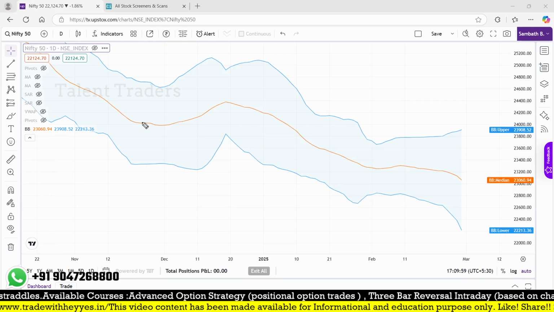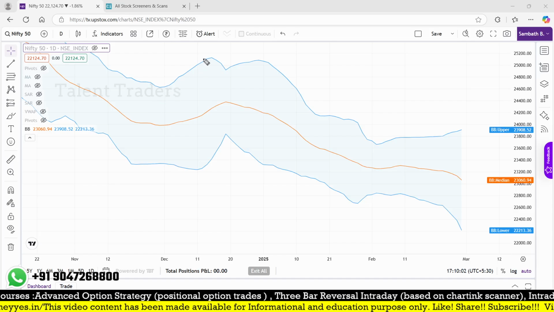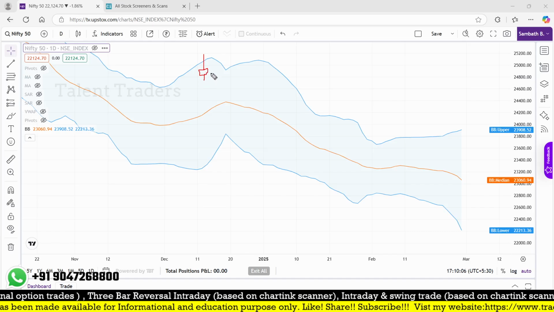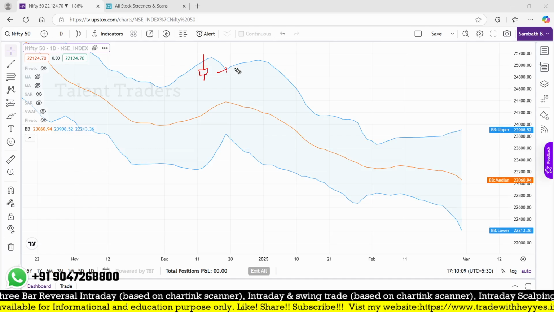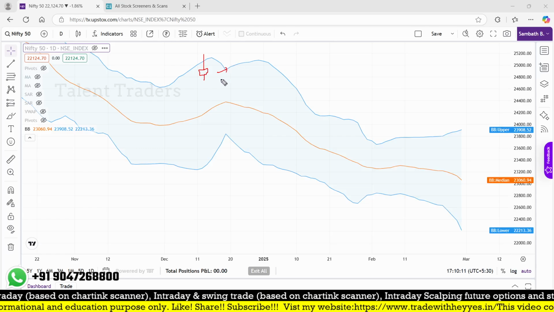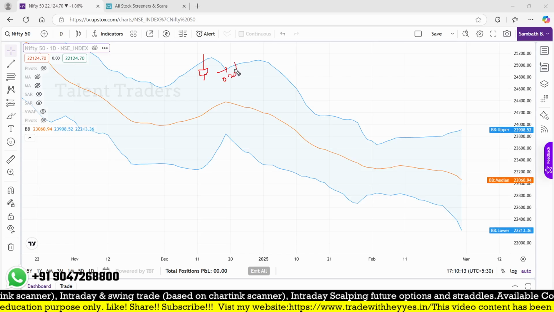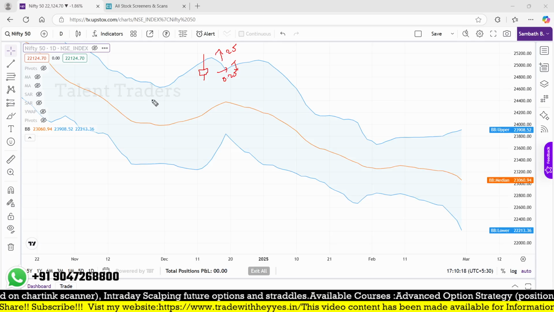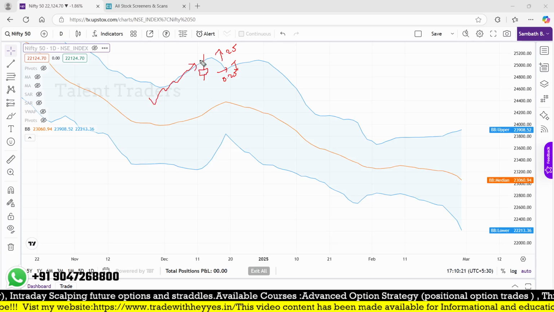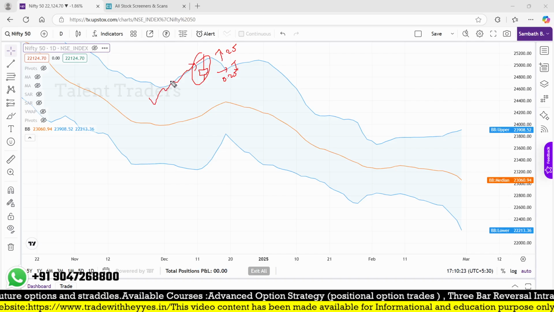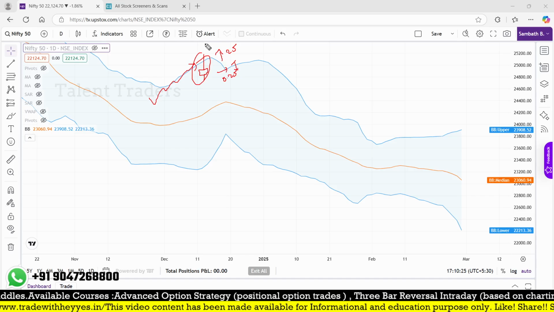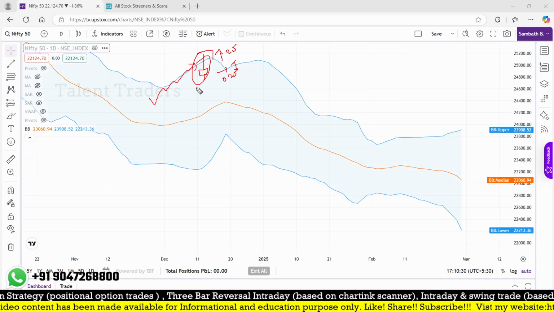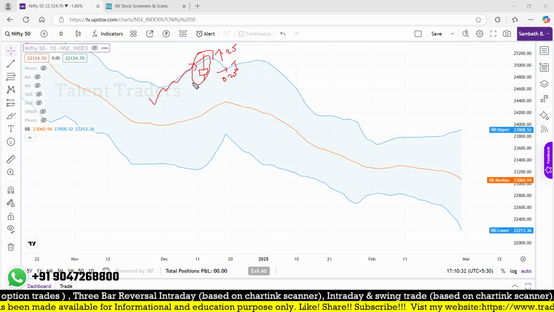The higher wick should reach the upper Bollinger Band, and we also filter the body conditions: the lower wick is 0.25 compared to the body of the candle, and the higher wick is 2.5 times. It should also be the highest level since the last 30 or 40 candles, and we can choose how many candles we want to filter for the rejection at the upper Bollinger Band.